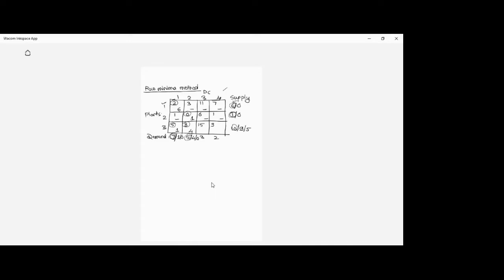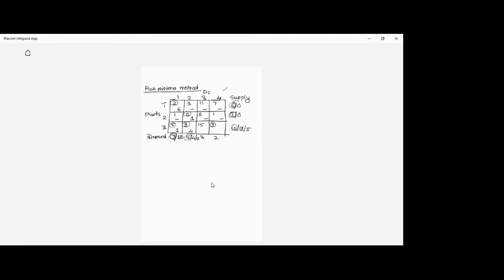Moving ahead, after 8, the next cell with the least cost is 9, right? And I'll be putting the values according to the supply and the demand here. So according to supply I can put 5, and according to demand I can put 2.